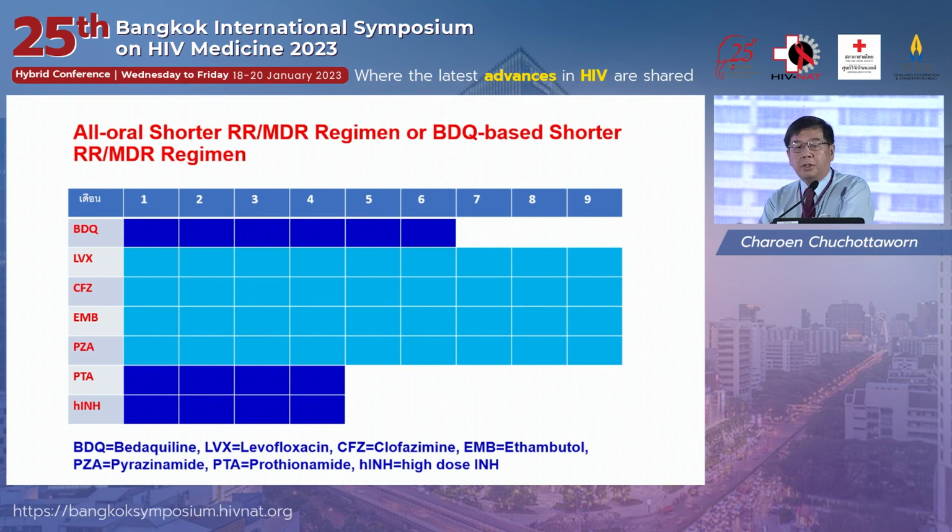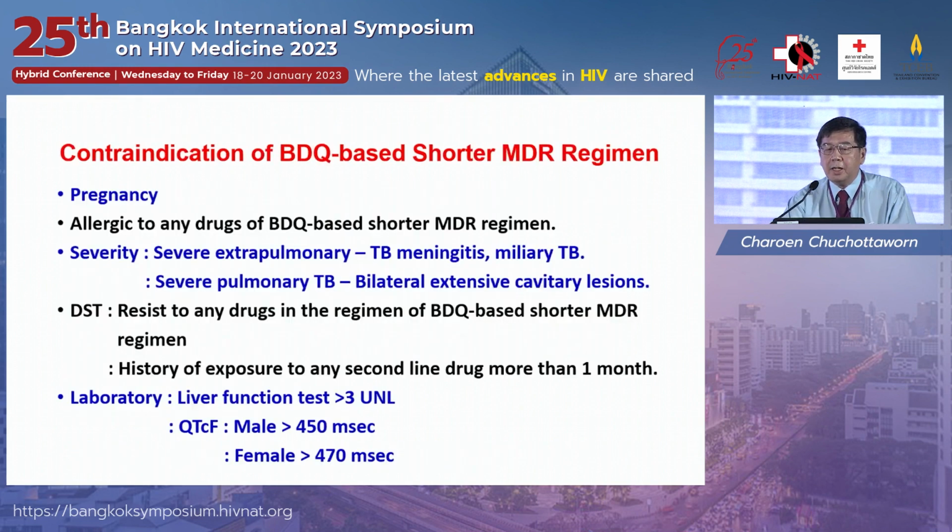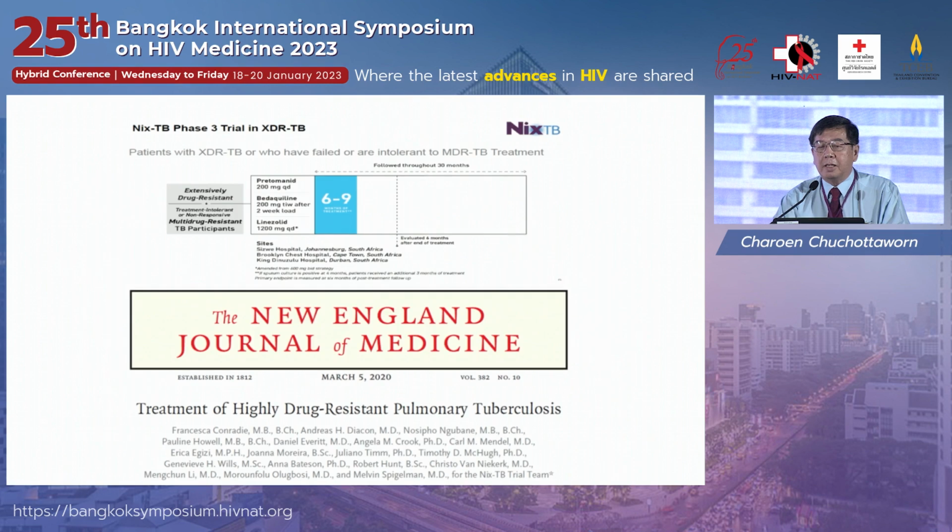Based on the study, the next study was published in 2020 by Professor Conradie from South Africa. At that time, they did not have a choice to treat XDR-TB patients in South Africa.